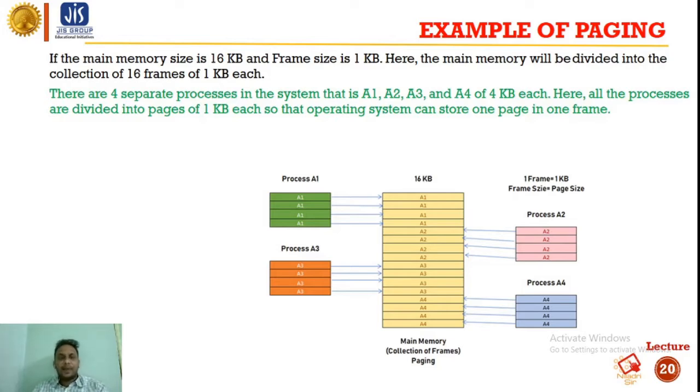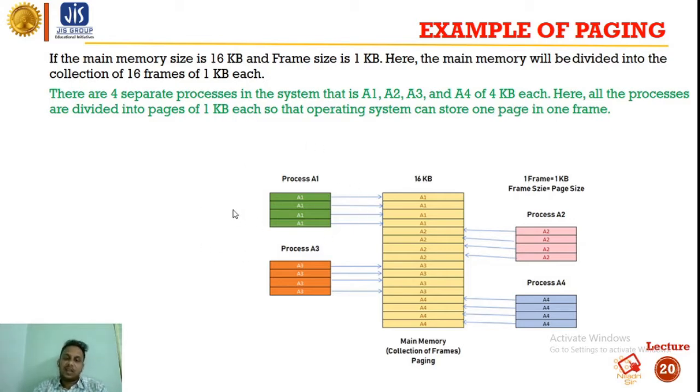There are 4 separate processes in the system: A1, A2, A3 and A4. Each process is divided into 4 parts. So there are 4 separate processes in the system, A1, A2, A3 and A4, of 4 KB each.